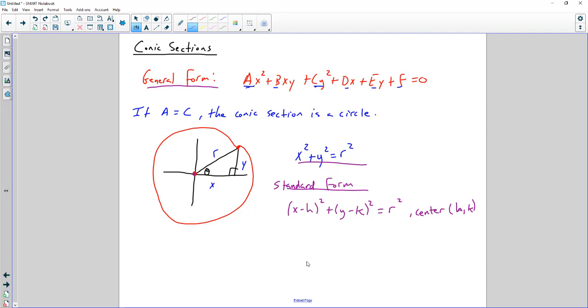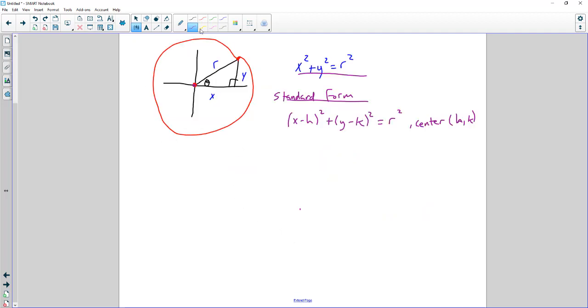Okay, so let's do an example of the sort of questions you could get with circles. There's not really too many complex questions with circles because they're very straightforward, but the other conic sections are significantly more complicated, more sophisticated stuff. So let's do an example question.